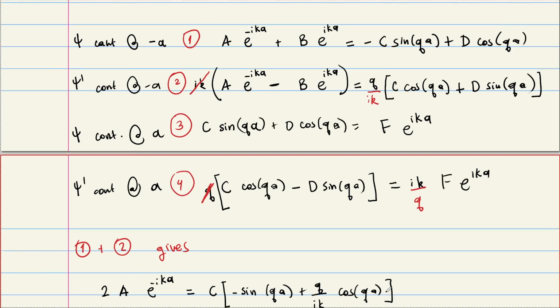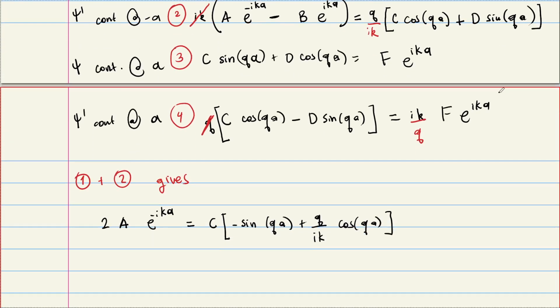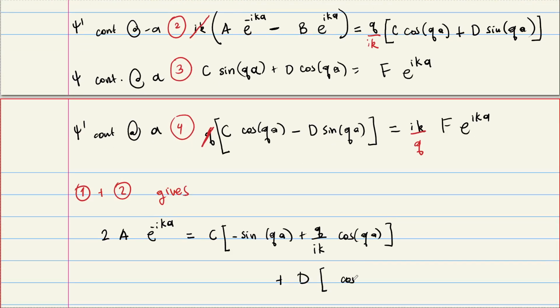And I need to write d coefficients. d times cosine qa plus q over ik sine qa.